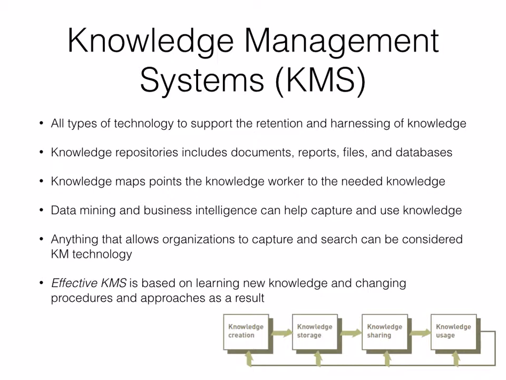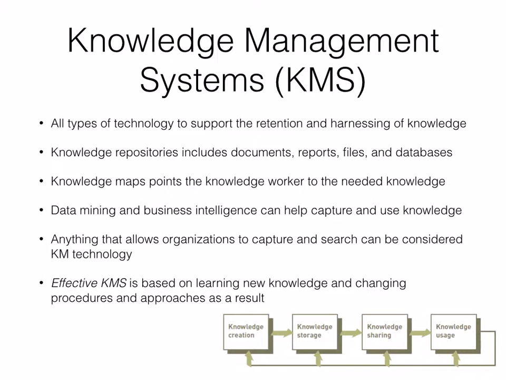And then we move up the ladder a little bit again and talk about how this knowledge is analyzed. So knowledge management systems with respect to data mining and business intelligence, analyzing the knowledge you have to help capture and use it for competitive advantage. Anything that allows an organization to capture, search, even analyze can be considered KM technology.